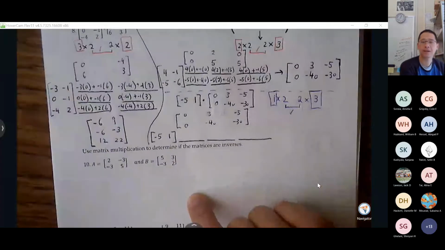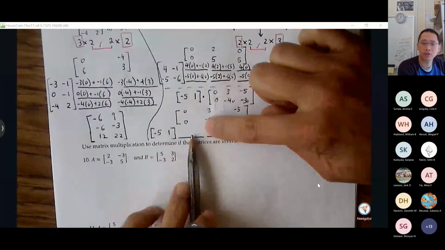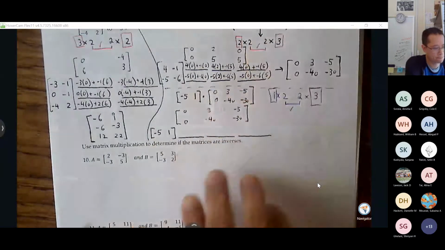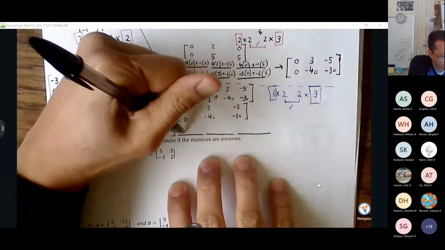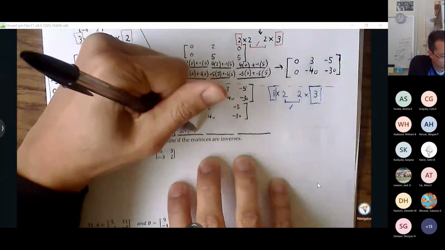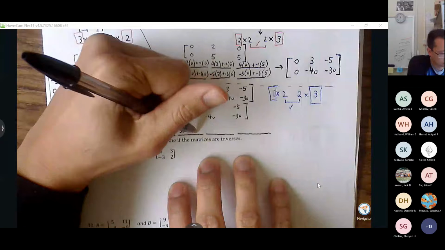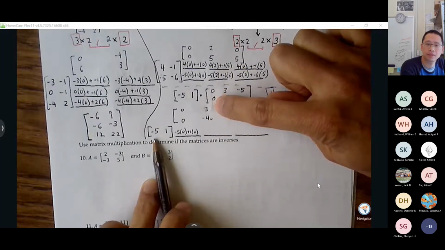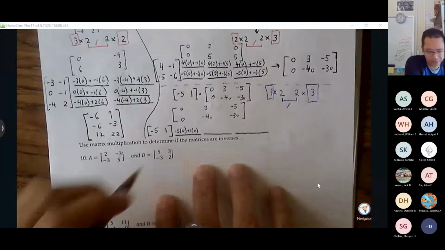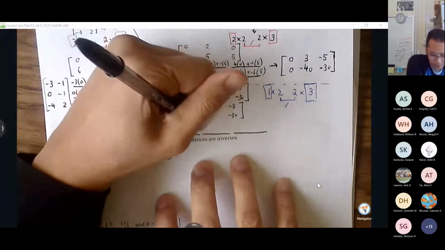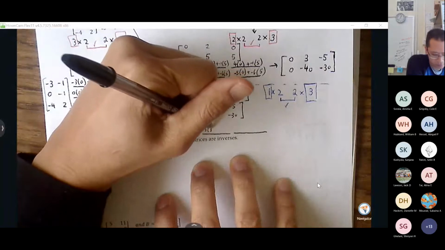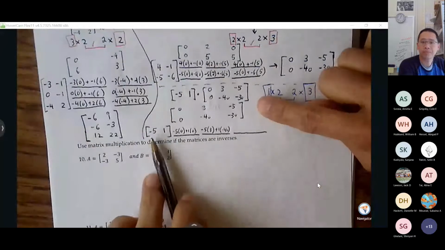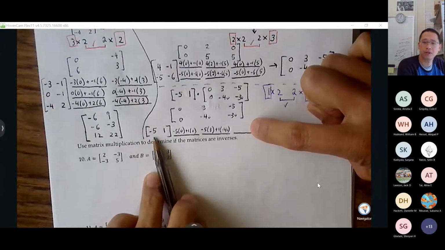First row, first column. I'm looking at the negative 5, 1 and the 0, 0. First row, second column, negative 5 and 3, 1 and negative 40. First row, third column.